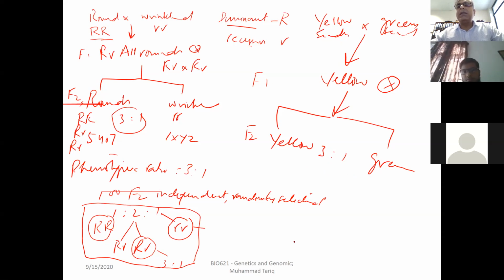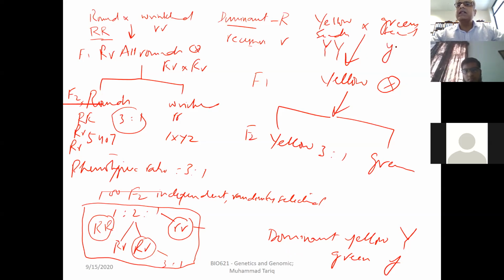The dominant trait is yellow because all F1 is yellow. I'll designate it capital Y, and the recessive trait, which is green, I'll designate small y. Now I assume each parent, so factors exist in pairs. Each parent contributes half. So in F1, you will be like this. You can make gametes like this.